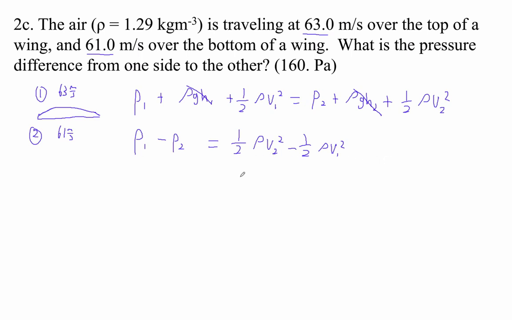So P1 minus P2 is what we're trying to figure out. So 1/2 times 1.29 times, let's see, v2 is 61, squared, minus 1/2 times 1.29 times 63 squared.